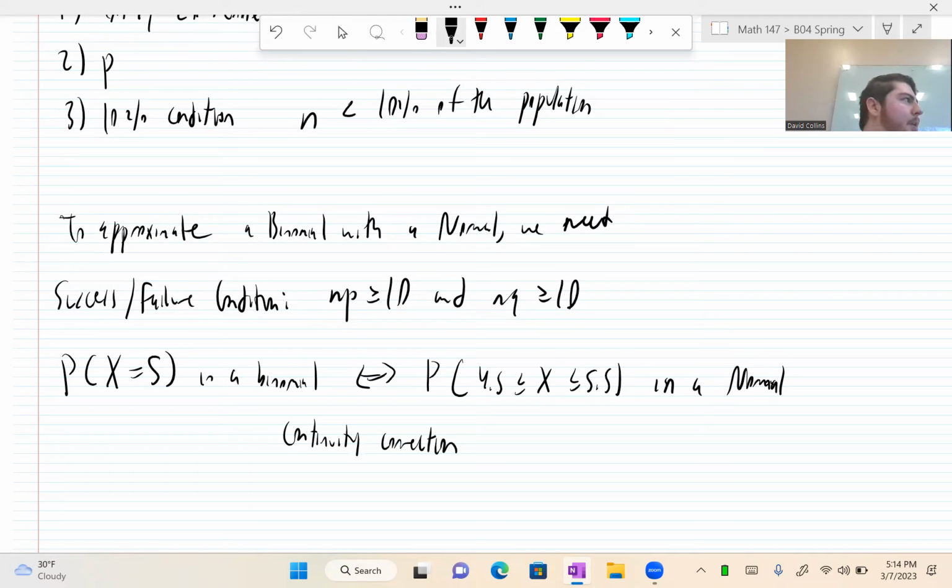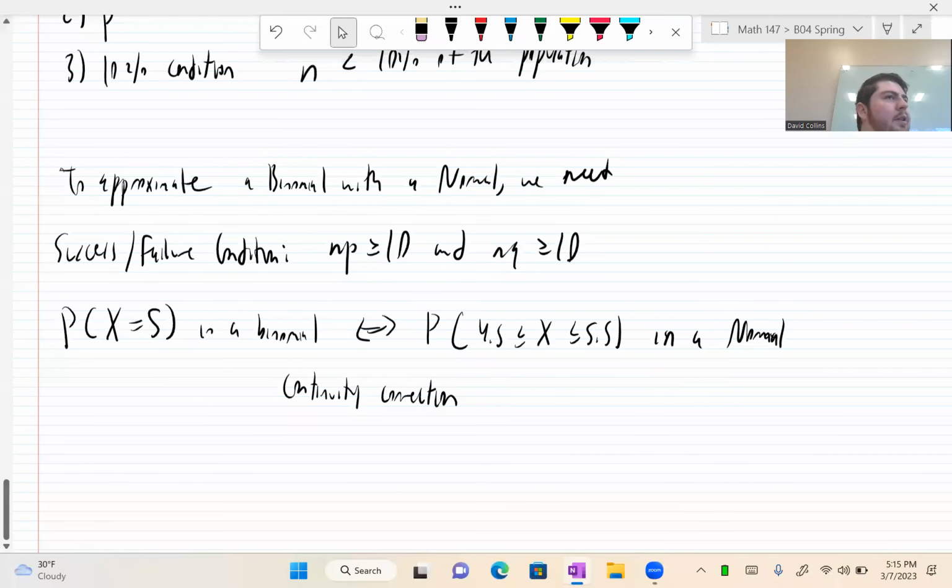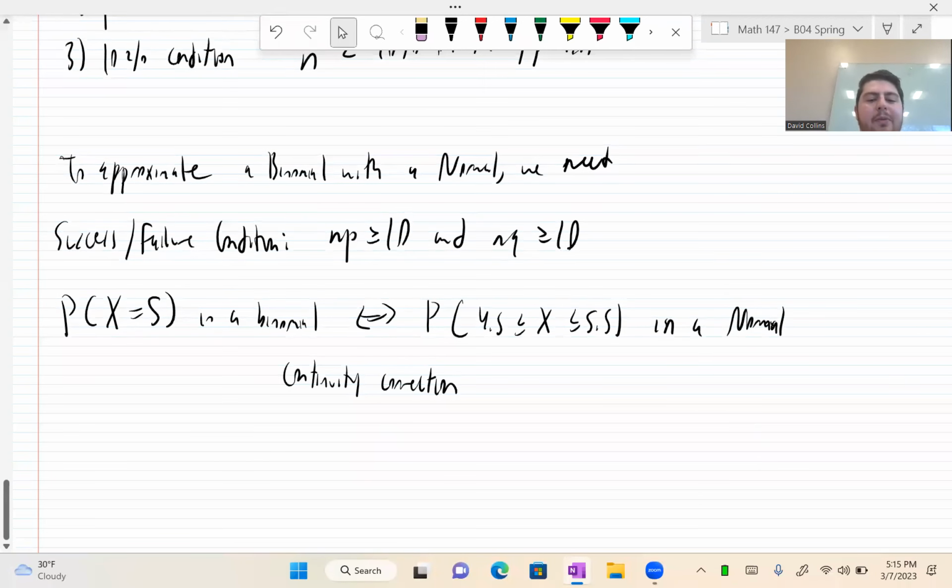Number of trials times probability of success, number of trials times probability of failure. So we can approximate a binomial with a normal, but we have to find the area plus minus 0.5. Because again, the area of a single line in a normal is 0. And that's because we're going from a discrete random variable to a continuous one.